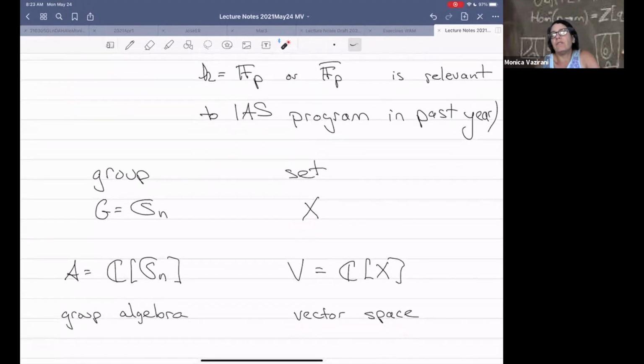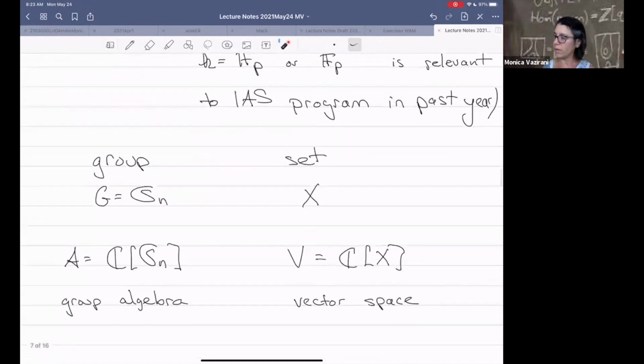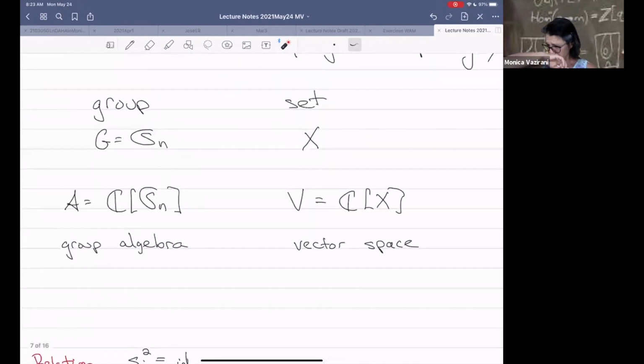How do I do that? I just make the elements of the underlying set correspond to a basis of the vector space. And so that means in the group algebra, these n factorial permutations now become a basis of this as a vector space. So this is an n factorial dimensional vector space, but it also has a multiplication on it.